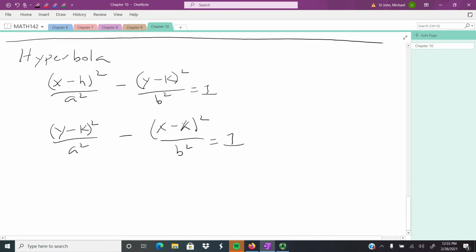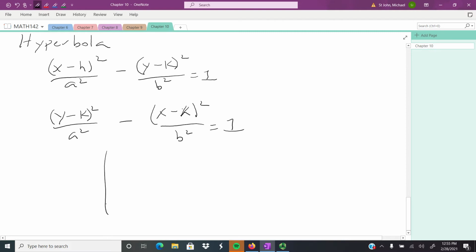So my hyperbola is something that looks like this. We get something that's going like that, and then like that. That would be a hyperbola.